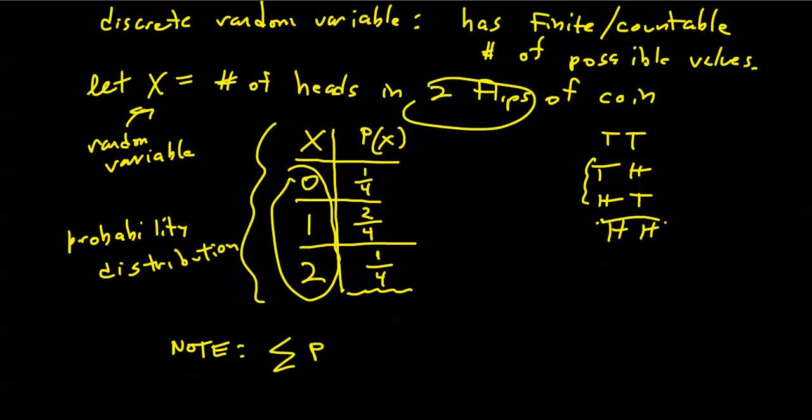So let me summarize that in mathematical style: the summation of p(x) equals 1, must always equal 1 in any probability distribution. I'll abbreviate that DIST.